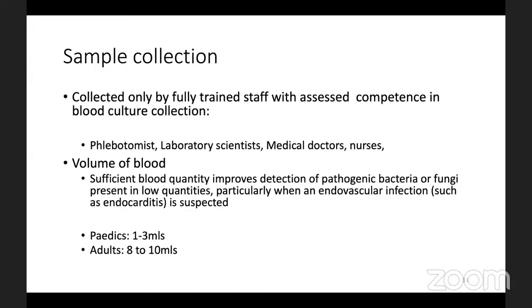Now, for the automated system, talking particularly about the Bactec, for the pediatrics, 1 to 3 mLs of blood is required. And for the adults, 8 to 10 mLs of blood is required for you to fill it. So it is said that when you have enough quantity of blood, it helps in recovering positivity rates, especially when you have a sparse number of bacteria in the blood.